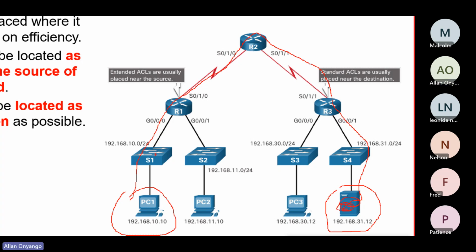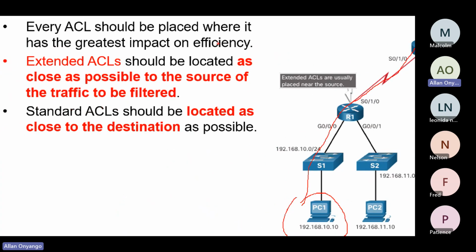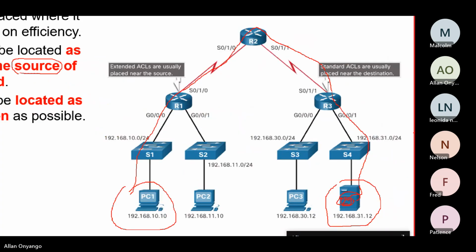Now, extended ACLs are put as close as possible to the source of your traffic. Very important. So if you're configuring extended ACLs and the source is PC1 and the destination is the server, it must be put in the router that is closest to the source, which means R1.